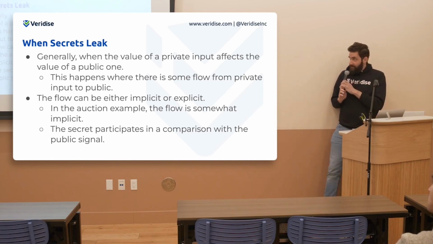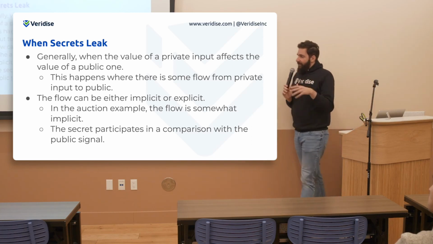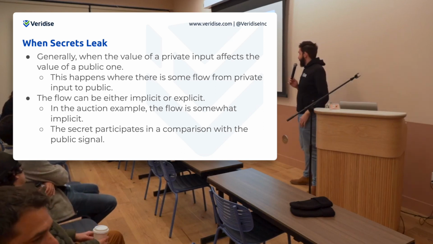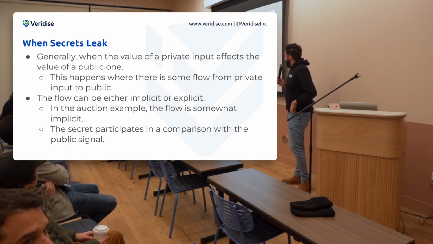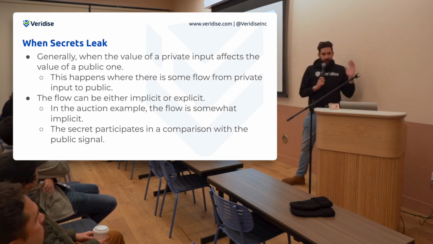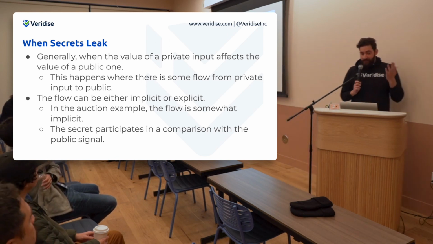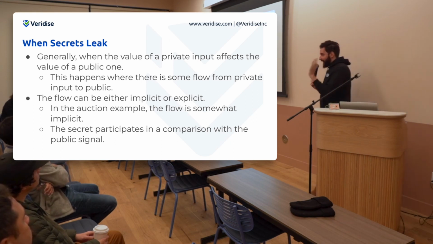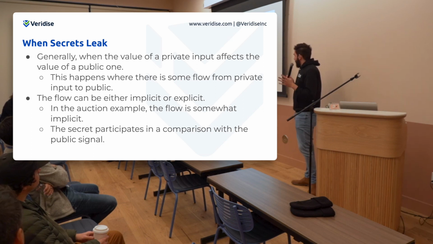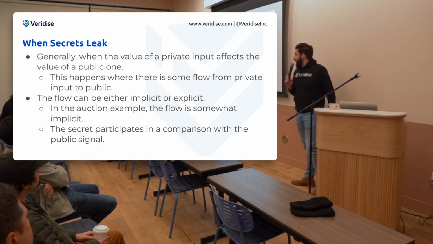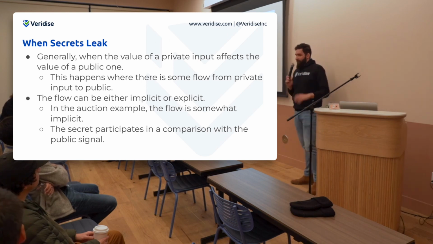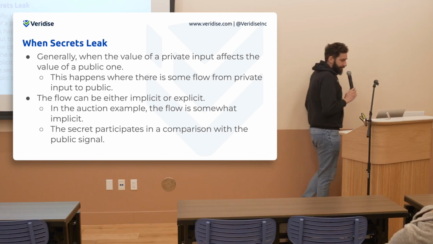So as we see, designing and implementing a privacy-preserving application can indeed be very tricky. And generally, when do secret leaks happen? As we saw, if there is a flow from a private input to a public input, then attackers will have the opportunity to learn some information about our private data.